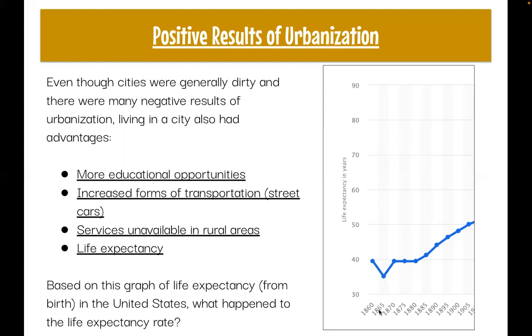Right here around 1865, there's a considerable drop in the age, and then it rebounds. And it stays consistent until 1880. And at 1880, we just see this upward trend of life expectancy increasing. And we know that life expectancy is somewhere around here in modern times.